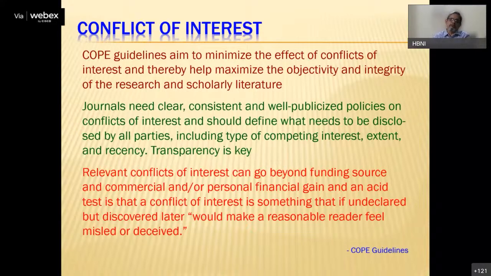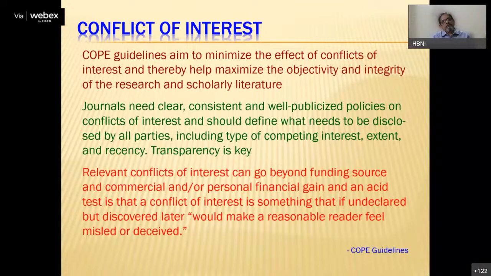These journals should define in advance what needs to be disclosed by all parties, including the type of conflict of interest or competing interest, the extent of this competing interest involved, and the recency. That means how recent the origin of this conflict of interest is. So in this whole process, transparency is the key. If everyone is transparent right from the beginning, then things can go smoothly without any hitches and problems later also.